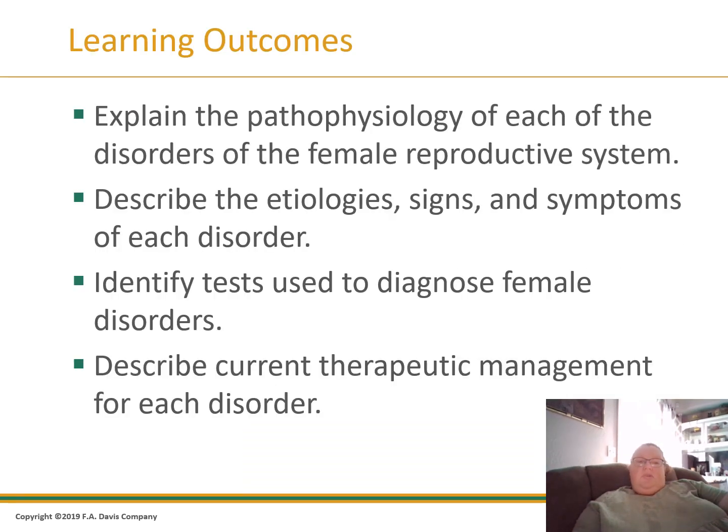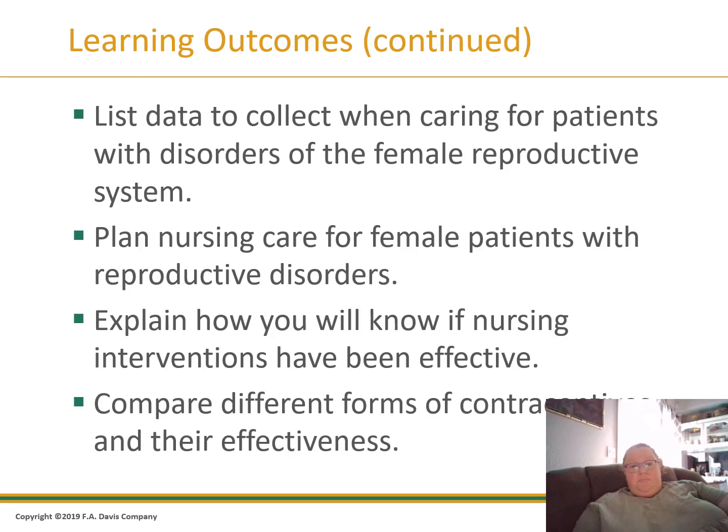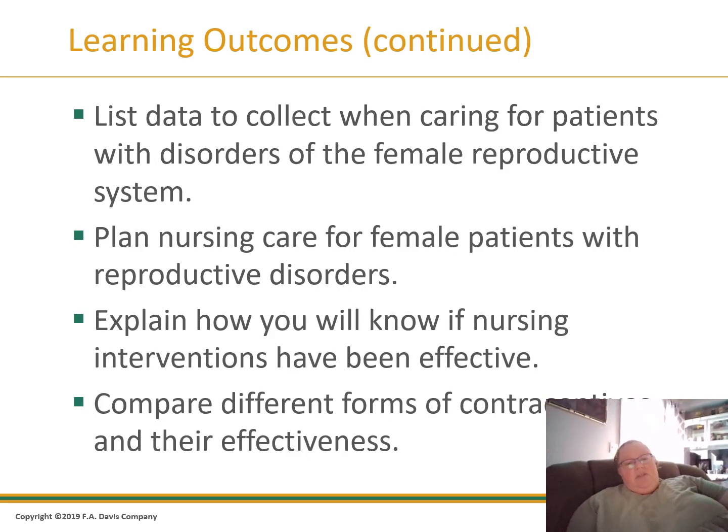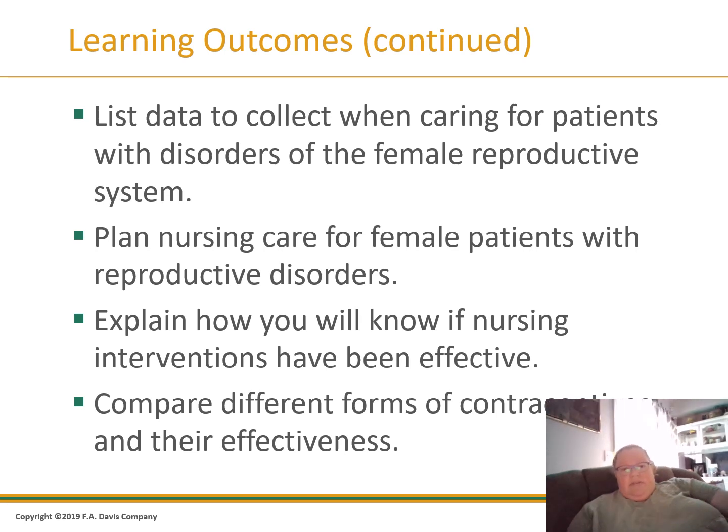Okay, so our learning outcomes: we're going to explain the pathophysiology of each of the disorders of the female reproductive system, describe the etiology, signs, and symptoms of each disorder, identify tests used to diagnose female disorders, and describe current therapeutic management for each disorder. List data to collect when caring for patients with disorders of the female reproductive system.